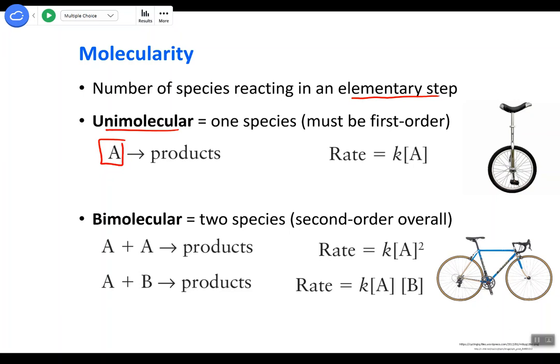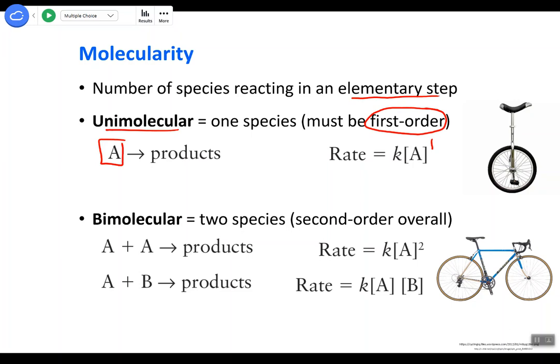If we're analyzing an elementary step, that means only one action is happening. If the elementary step only has one reactant, we can automatically deduce that it is first order. There's only one reactant, therefore it's first order.